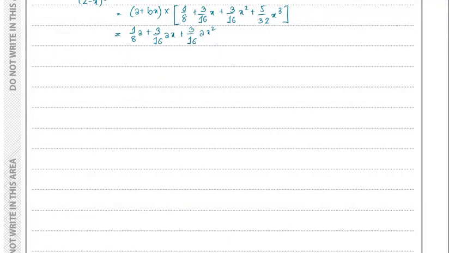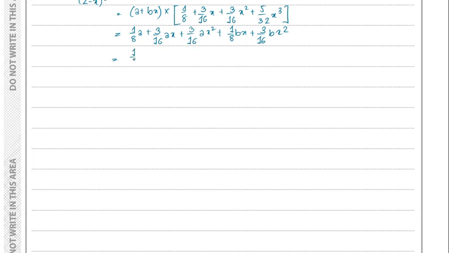And then for bx, bx multiplied by 1 by 8 would be 1 by 8bx, plus 3 by 16x multiplied by bx would be b, and x to the power 1 and x to the power 1, so the powers will get added, 1 plus 1, so 2.